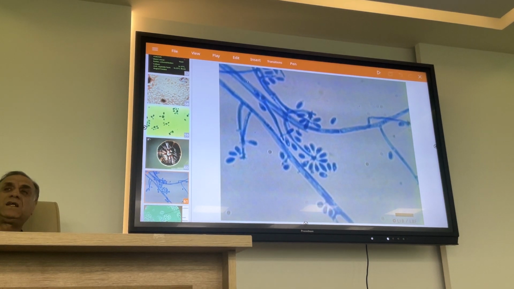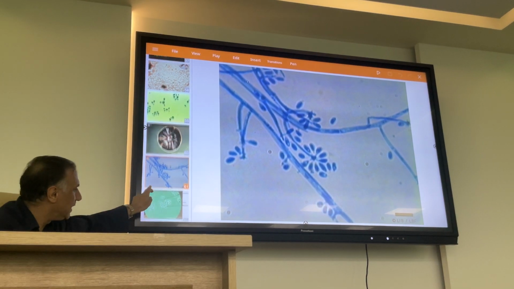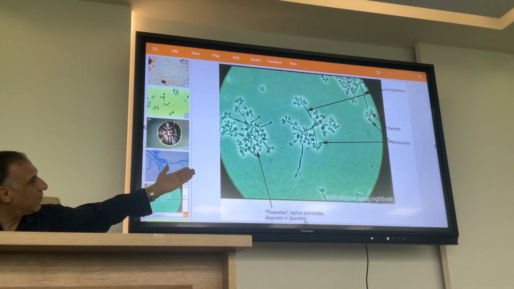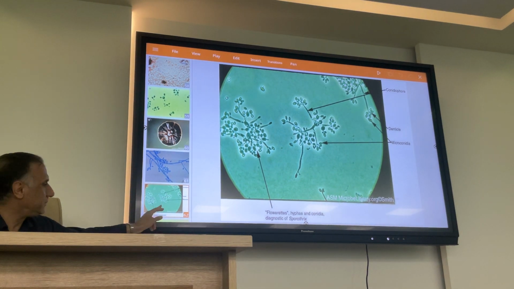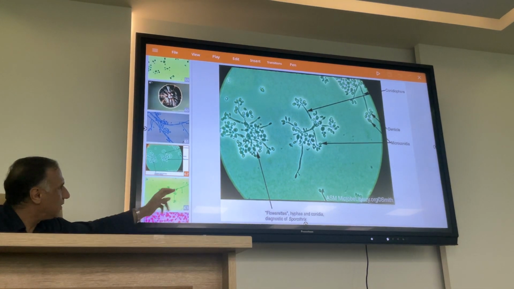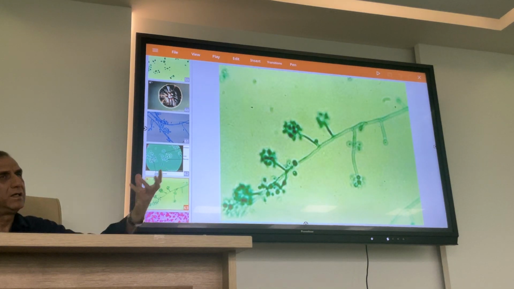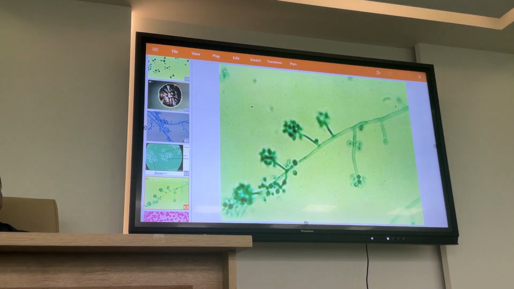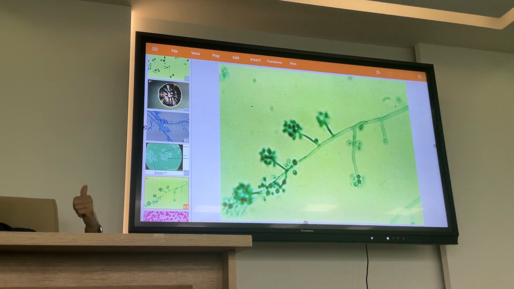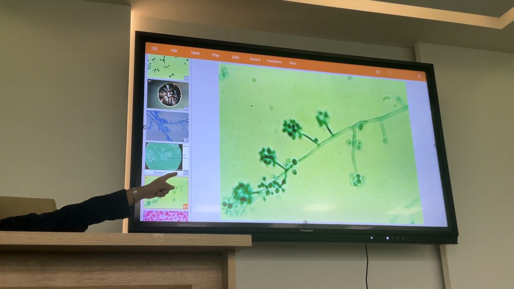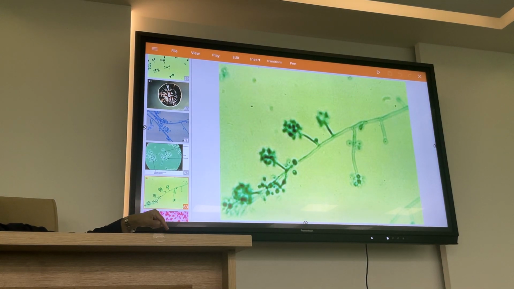It is an important laboratory technique for diagnosis. Another shape, rosette pattern of conidia. At first, you isolate the colony and check it under the microscope. If you see a rosette pattern, this is Sporothrix schenckii, and the infection is sporotrichosis.